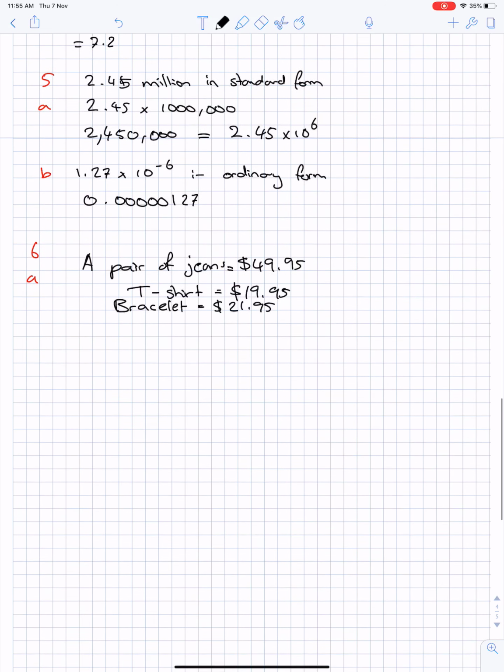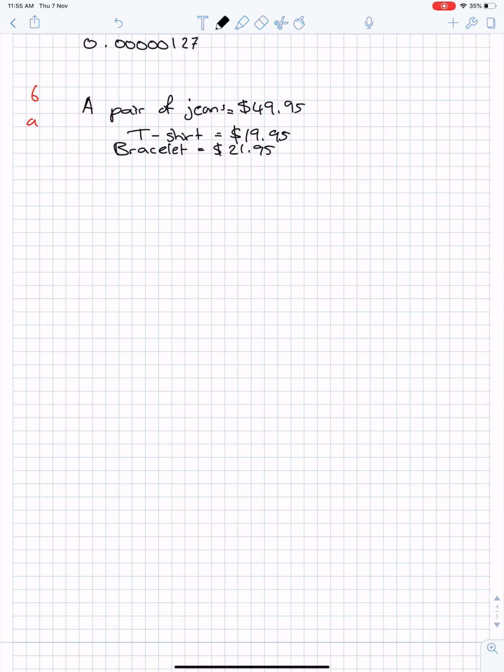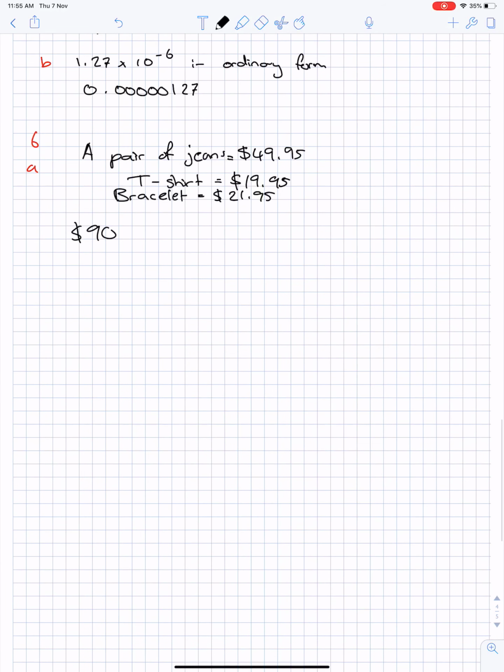So the first question asks us, Trinity only has $90 and realizes she doesn't have enough money to buy all 3 items. How much more money does she need to buy all 3 items? Okay, so I'm assuming already that these numbers are more than 90. So let's just quickly do the math.